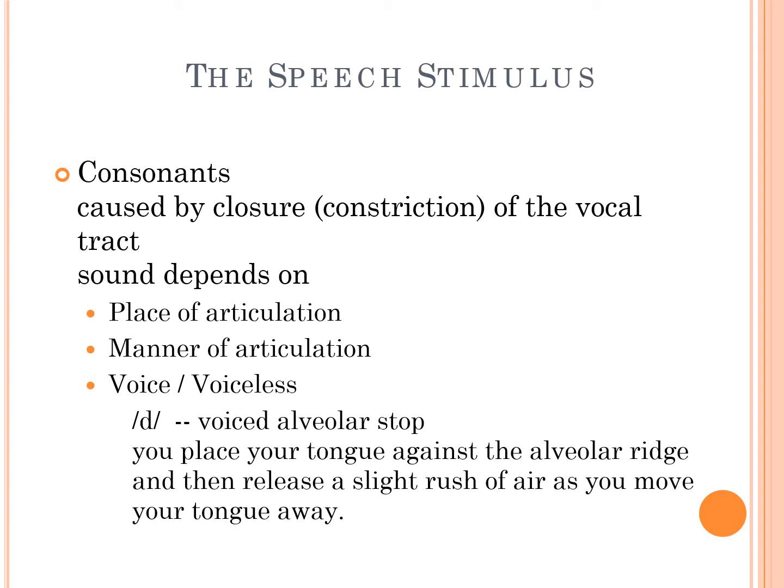If you want to choose a couple words like bat and pat, put your hands on your throat and feel your vocal cords when you say bat. So go ahead and do this. Bat, bat. There at the b, you can feel your vocal cords vibrating.